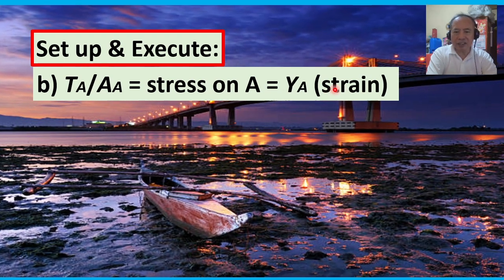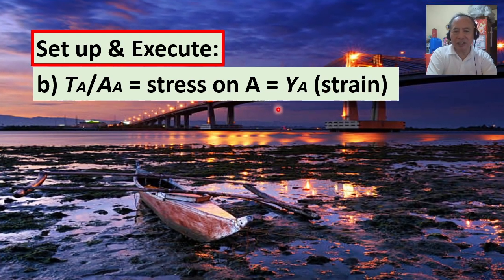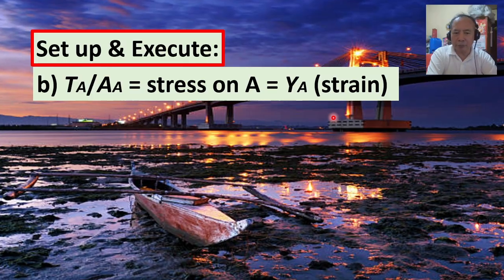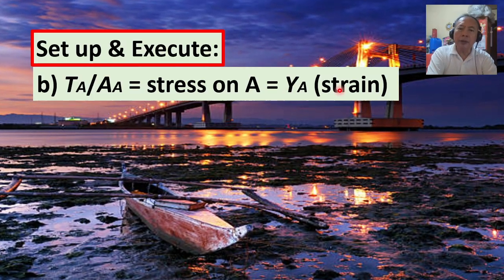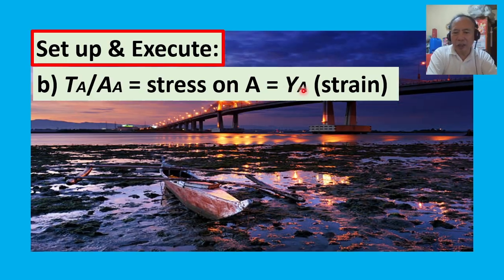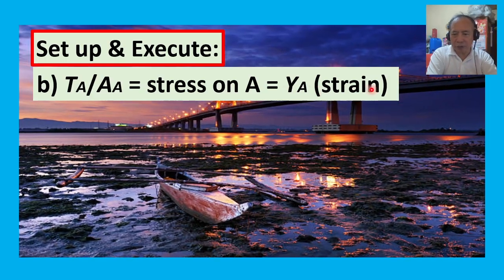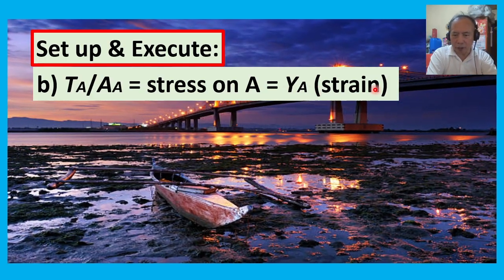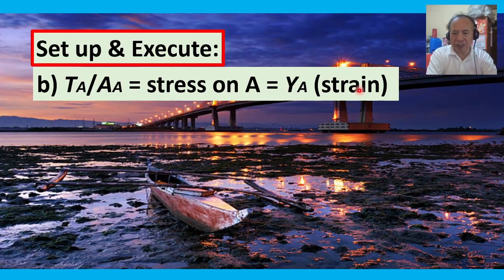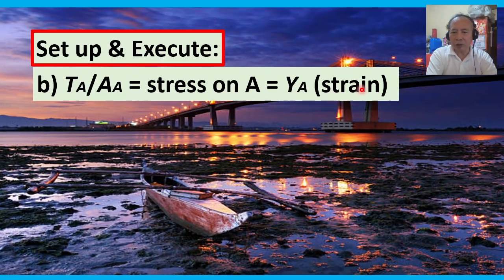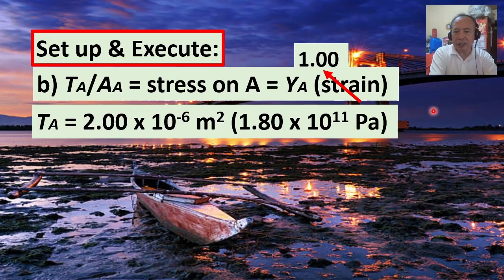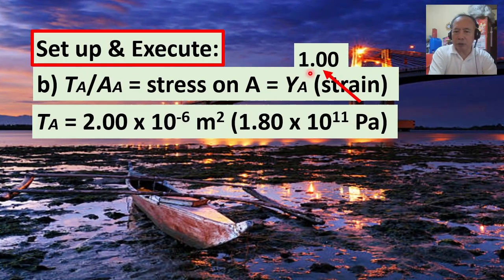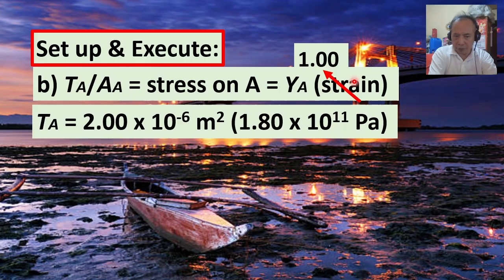Since it is stated in part B that the strains of the two wires must be equal, we consider the strain here as being constant. For simplicity, we can let it be equal to 1.00.